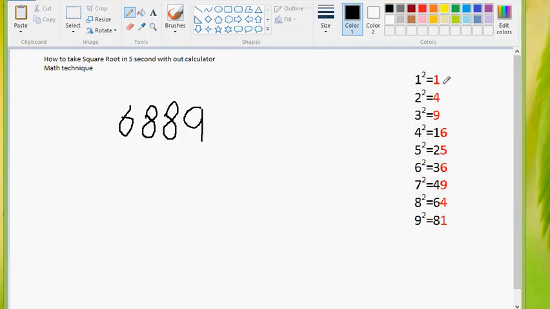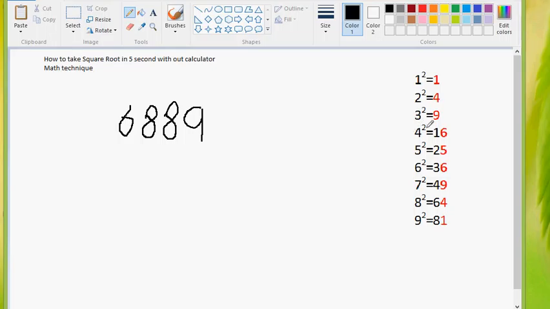You can check in these squares. 3 contains 9, means 3 into 3 is equal to 9, and you have to see the right number. There are two numbers and you have to see the right one. 7 multiplied by 7 is equal to 49.